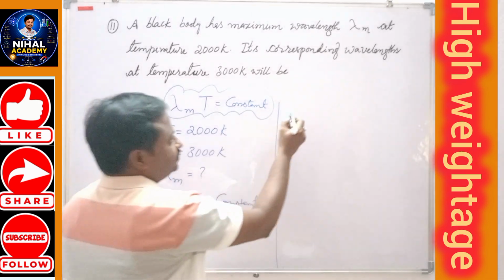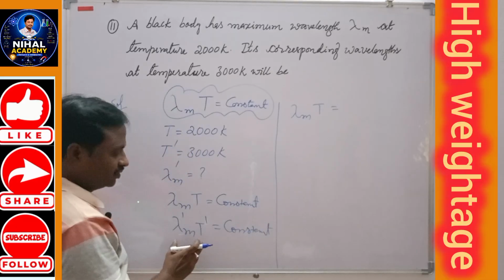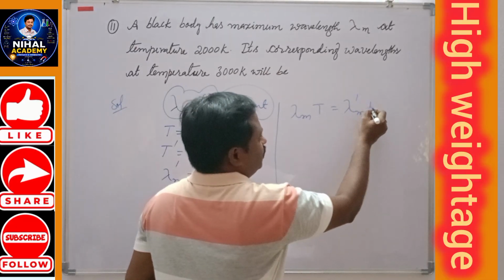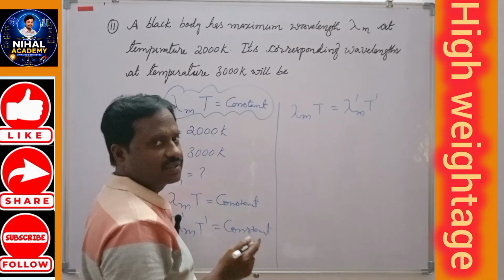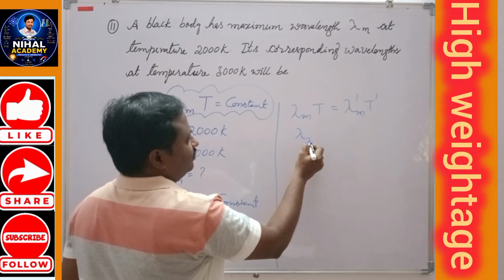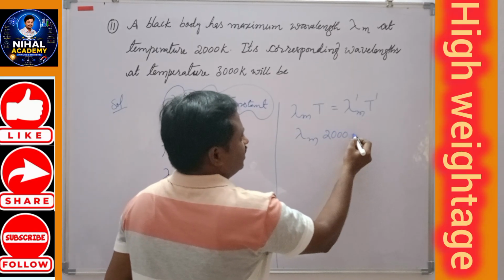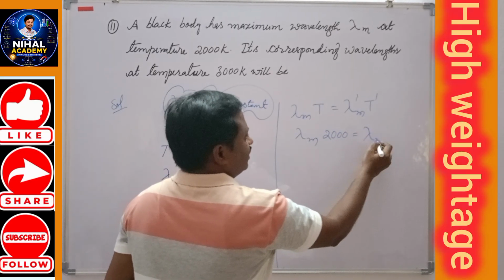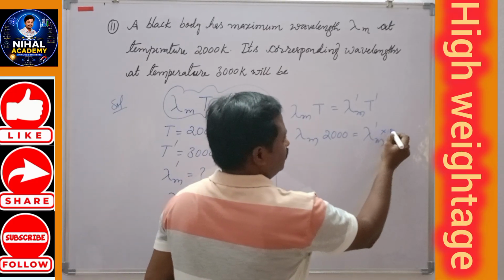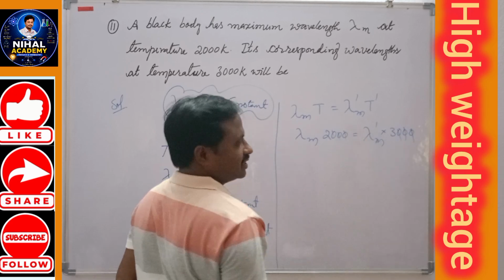Lambda m into T is equal to lambda m dash into T dash. Now we will substitute the values. So lambda m into 2000 is equal to lambda m dash into 3000. Here the zeros cancel.